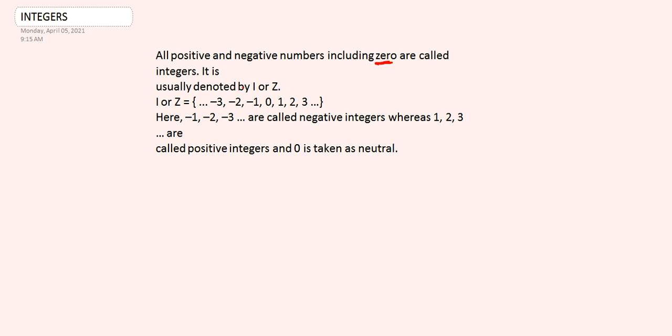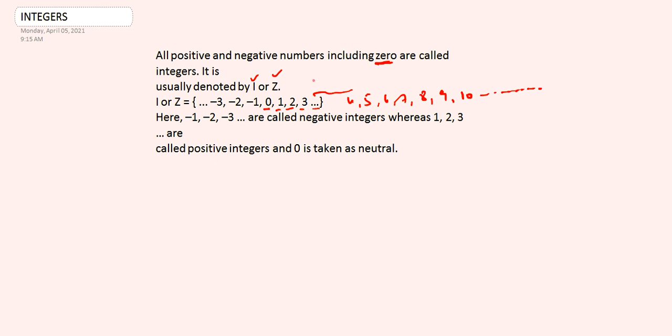Then integers are generally denoted by I or Z. Okay, so here as you can see, 0 1 2 3, and these dots are representing that further we are having values just like 4 5 6 7 8 9 10, and we don't know what will be the last positive number here.